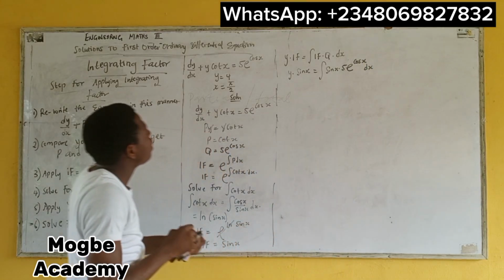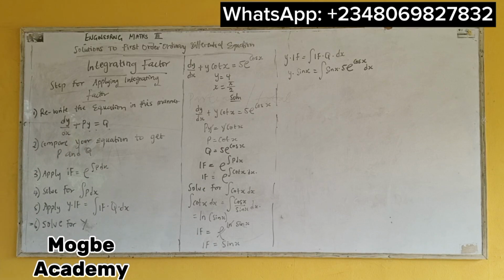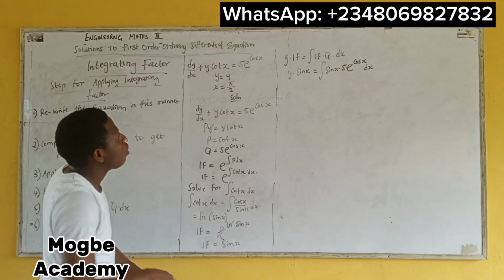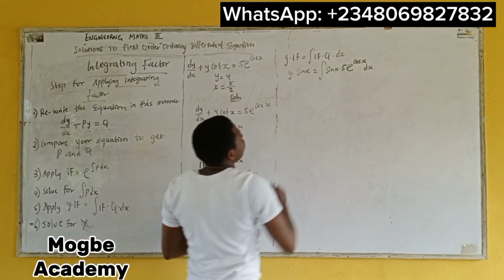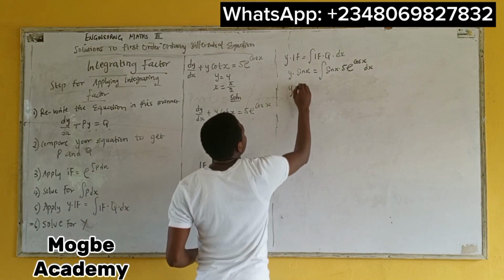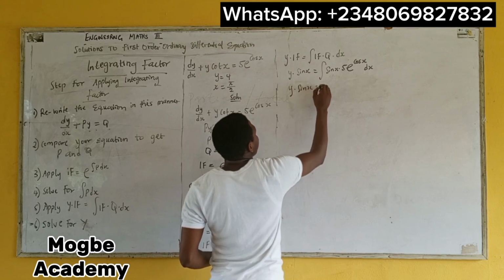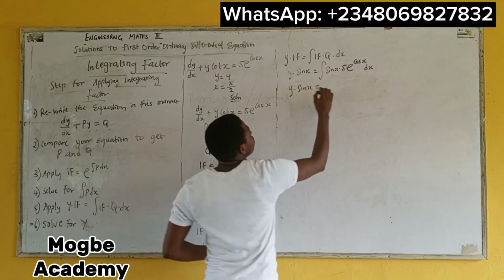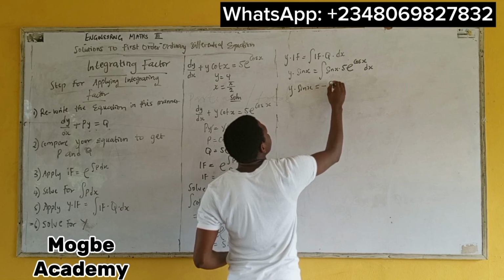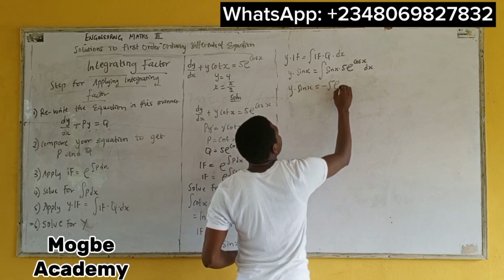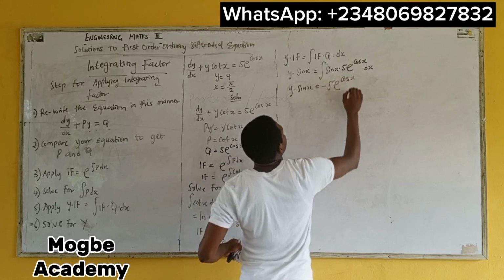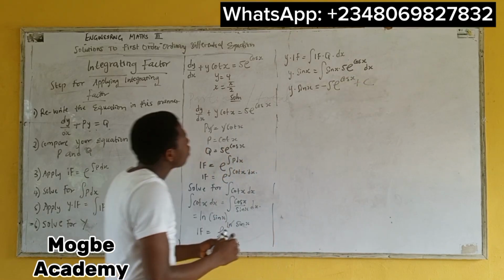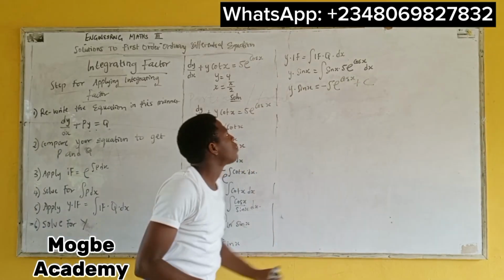What do you think we should do now? We can still do something to this equation. We can integrate this side of the equation. So y sine x equals, if you integrate this, minus 5 e^(cos x) plus c.